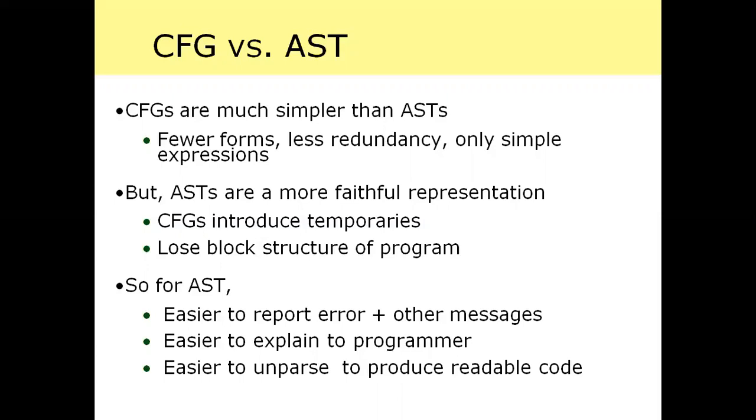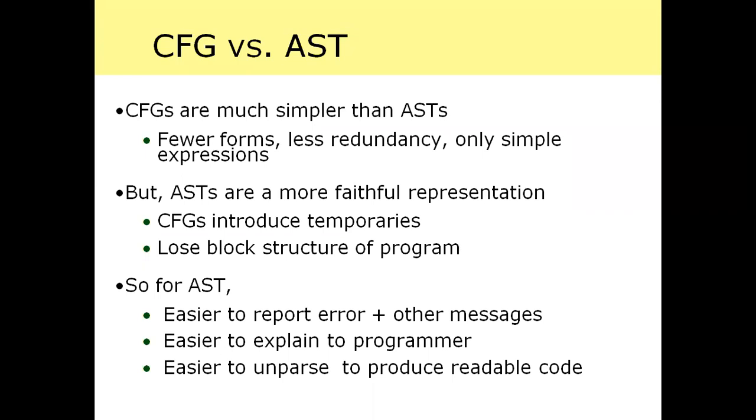Control flow graphs are much simpler than abstract syntax trees, in lower form, with less redundancy and only simple expressions. When we consider this type of constraints, the control flow graphs are much simpler than the abstract syntax trees. And abstract syntax trees are more faithful representations, while control flow graphs introduce temporaries like T1 is equal to, T2 is equal to, and so on, Tn is equal to.